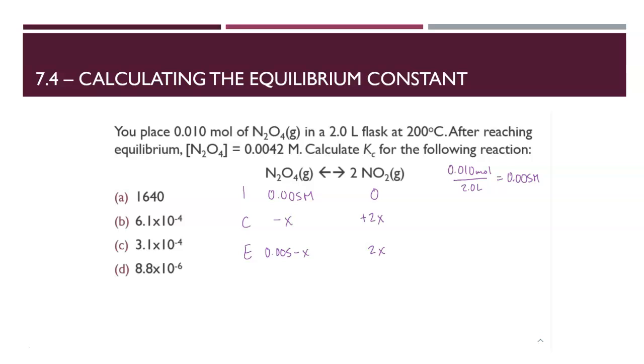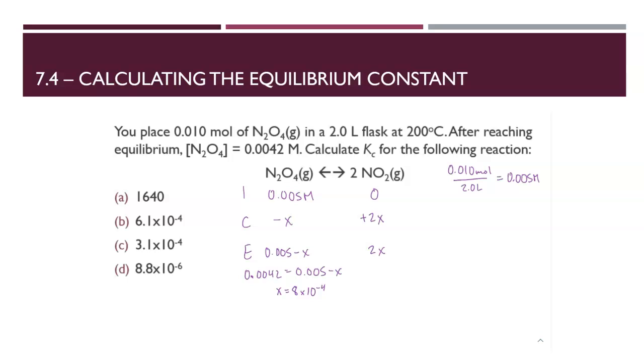Now for this one, we're told what our concentration is at equilibrium for our N2O4. We're told that this equals 0.0042. So we need to figure out what X is. So 0.005 minus X equals 0.0042, which leaves us X equals, and I'm going to write this in scientific notation, 8 times 10 to the -4th, just instead of doing all the decimals.